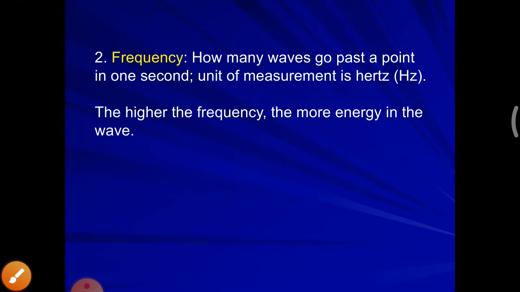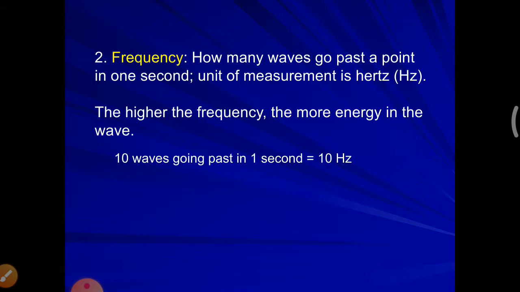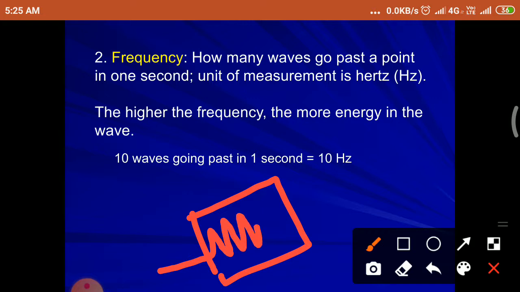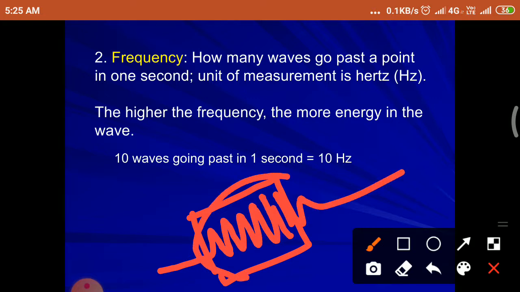The higher the frequency, the more energy in the wave. If 10 waves go past in 1 second, the frequency is 10 hertz. For example, if you take any point and in 1 second, 10 waves cross this point, what is the frequency of this wave?